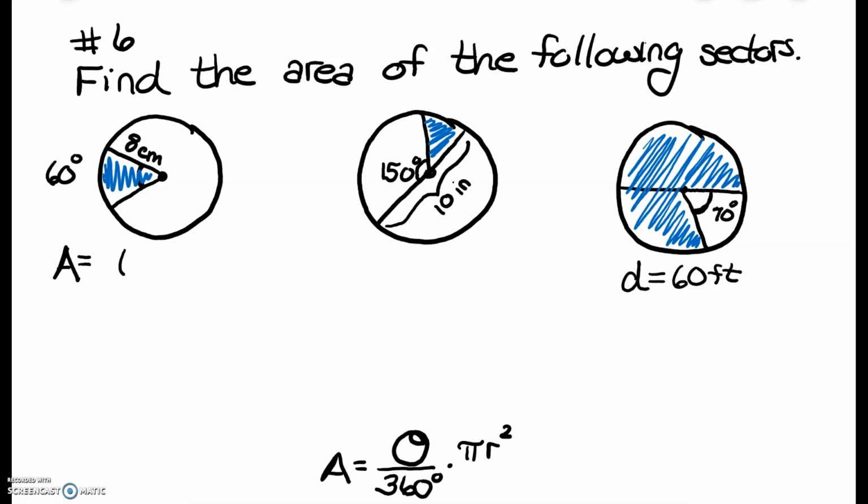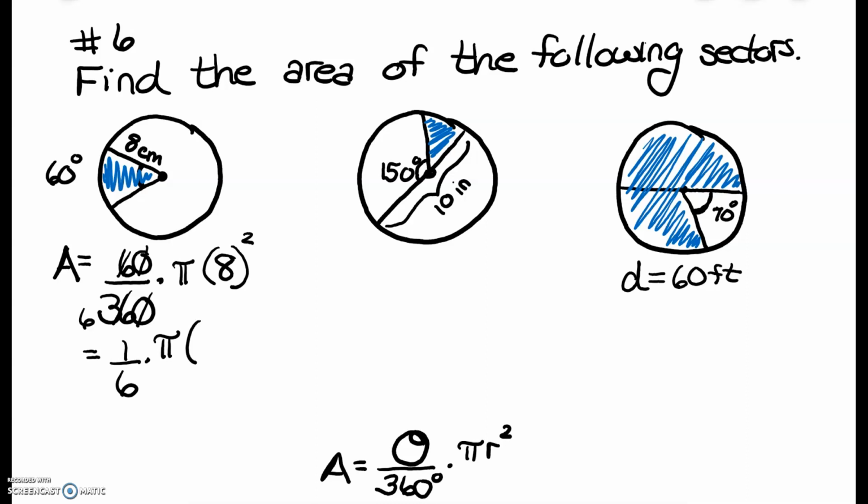So 60 over 360 times pi, and they give us the radius in this case, which is 8, and we have to square that. So let's reduce our fraction here. I know the zeros cancel out. I know that 6 goes into 36 6 times, so I have 1 over 6 times pi, and then 8 squared is 64.